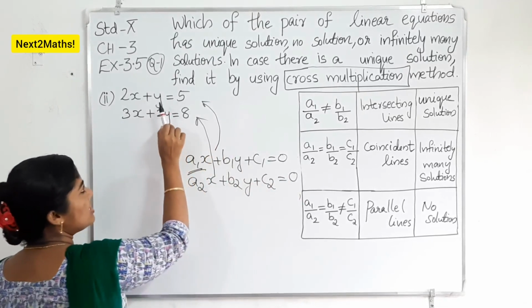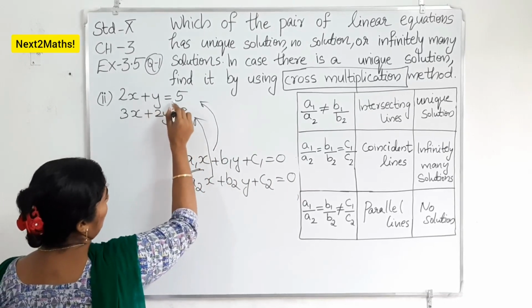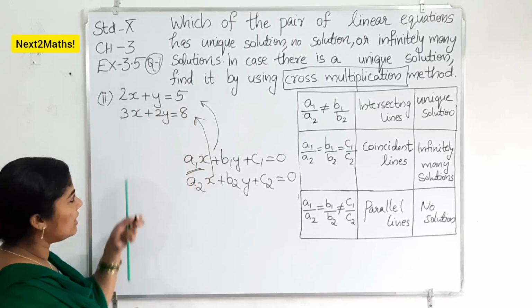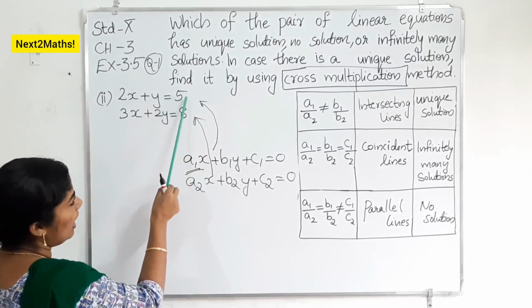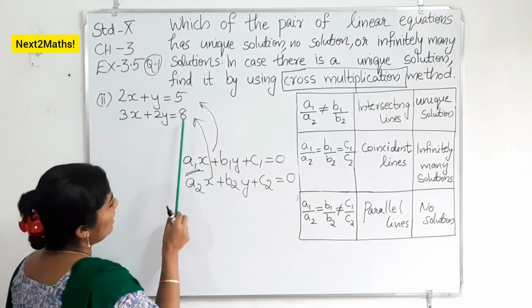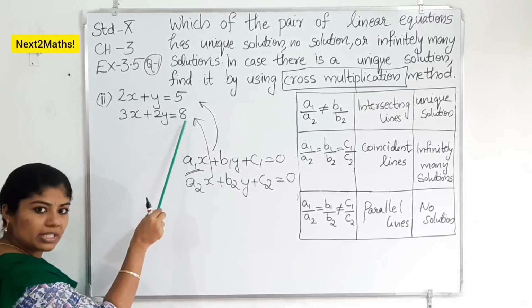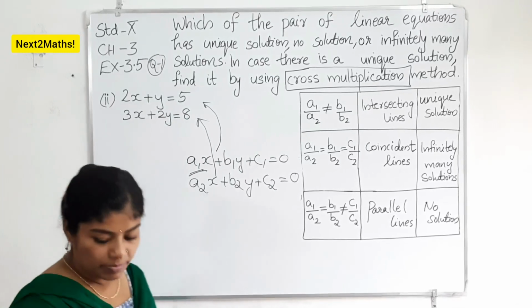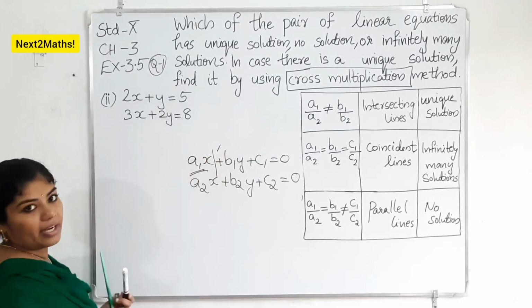But here in your question it is written differently. In the place of C1 it is written 5 on the RHS side, and 8, that is your C2, is also written on that side.